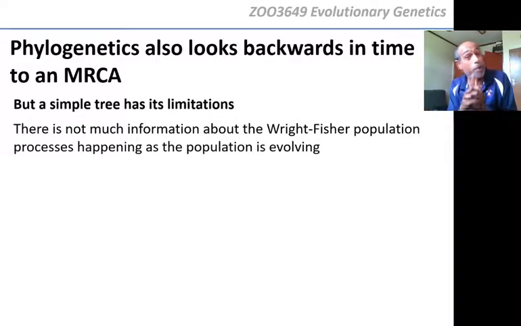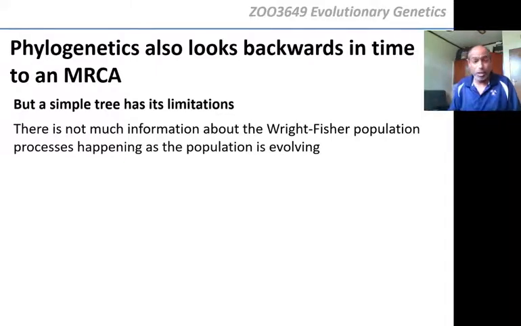They also work backwards in time, yes. But making trees, the way we have been talking about in all these lectures, has a limitation because why? The tree does not include population information. When you make a tree, it does not include these Wright-Fisher processes.